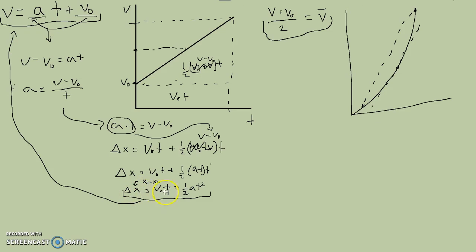If you take the derivative with respect to time, this becomes dx dt, or v. 1 times v naught is v naught, 2 times 1/2 is 1, and we subtract 1 from the exponent, leaving us with at. And so you can see that these two equations are actually related through calculus. So now we have 1, 2, 3 equations.